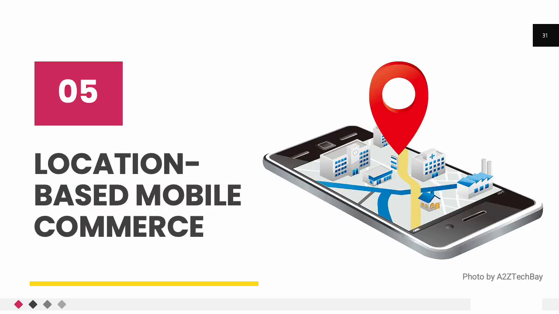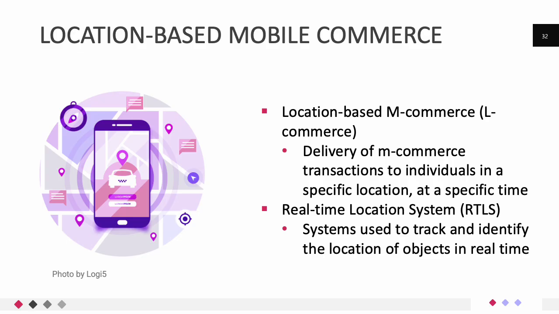Now let's talk about location-based mobile commerce. It's a really smart part of mobile commerce. The location-based services might sound complicated, but you probably already use it. Basically, L-commerce, the location-based M-commerce, means that your phone uses GPS to give you deals or information based exactly on where you are right now.